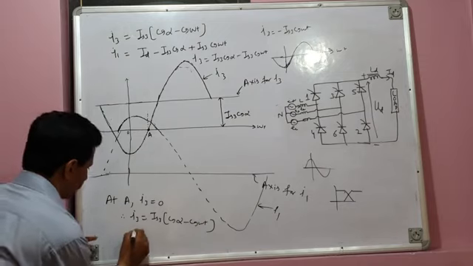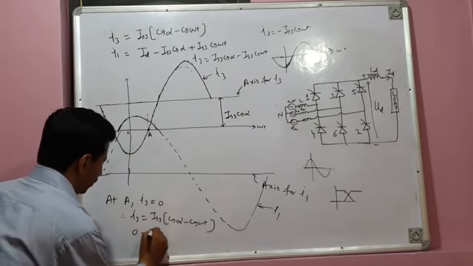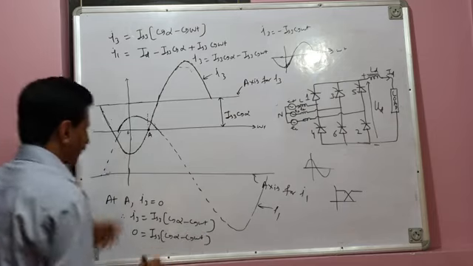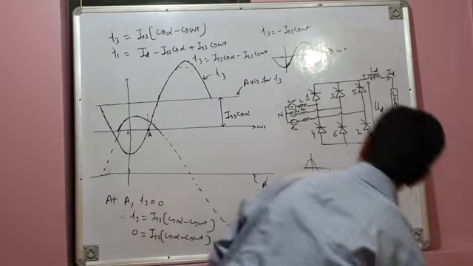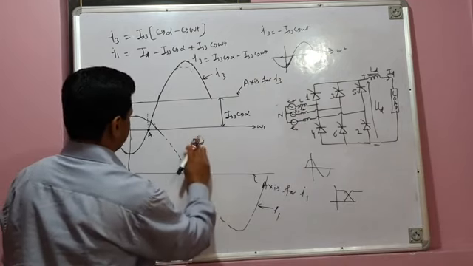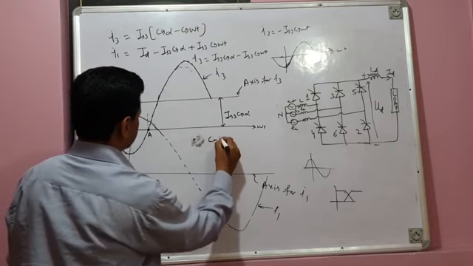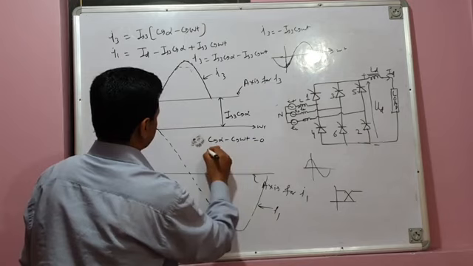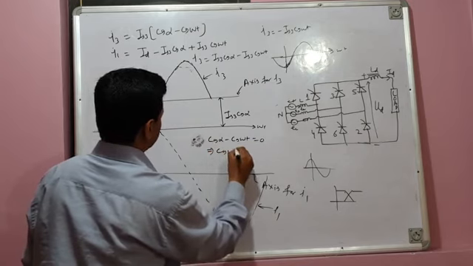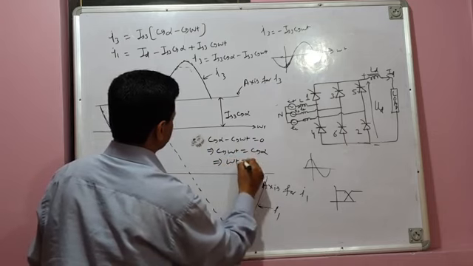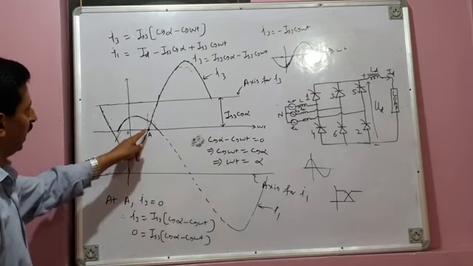So therefore, I will substitute 0 here. 0 is equal to IS3 times cos alpha minus cos omega t. IS3 is gone. This will give me cos alpha minus cos omega t is equal to 0. So this will give me cos omega t is equal to cos alpha, which means omega t is equal to alpha.